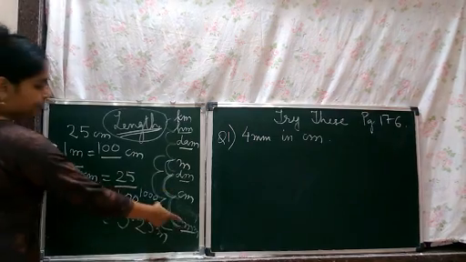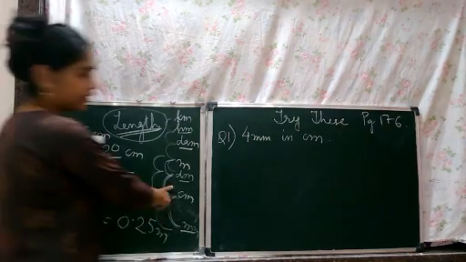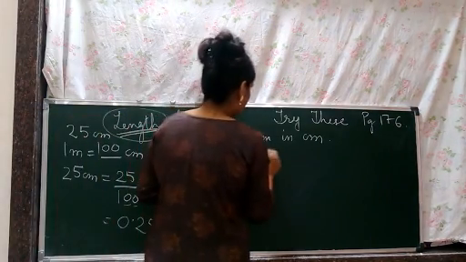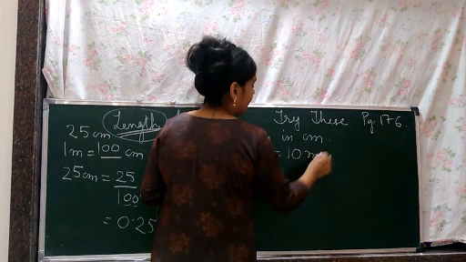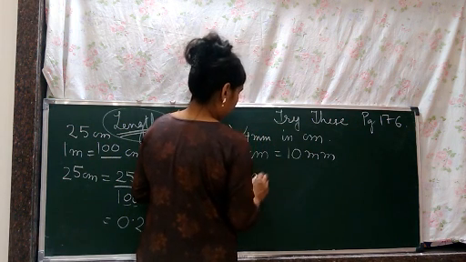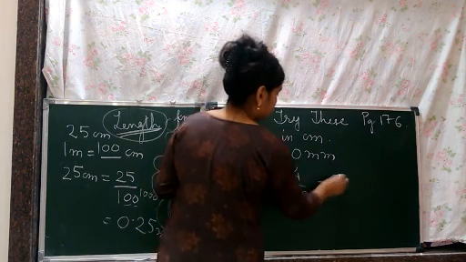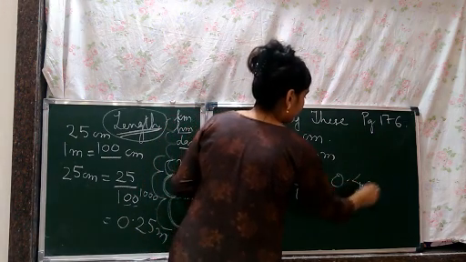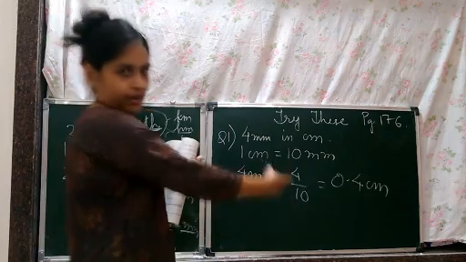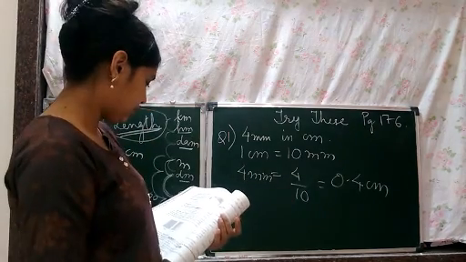Millimeter, centimeter. What is the difference? Only 1 zero. So 1 centimeter is equal to 10 millimeter. So 4 millimeter will be 4 by 10, which is equal to 0.4. Correct? So we have written it in decimal.